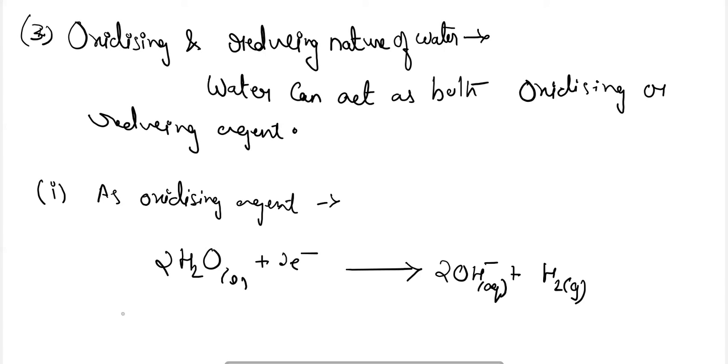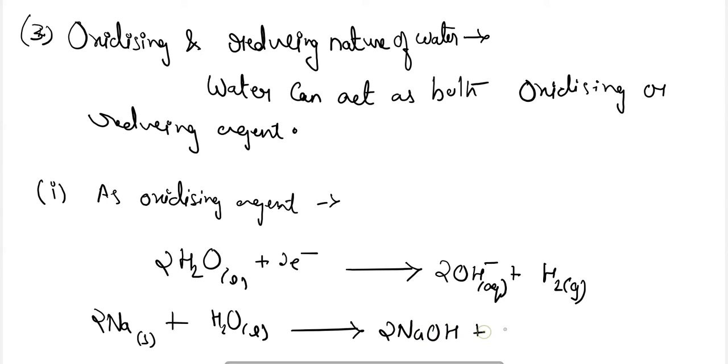So due to the formation of OH minus here, when it is reacted with sodium metal, the water will produce NaOH. That is, oxidation of sodium will take place. Okay. It will be acting as an oxidizing agent.